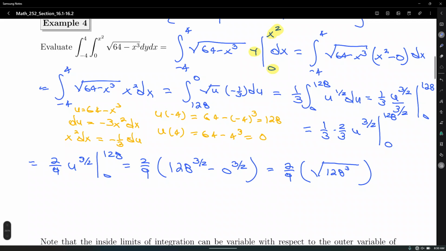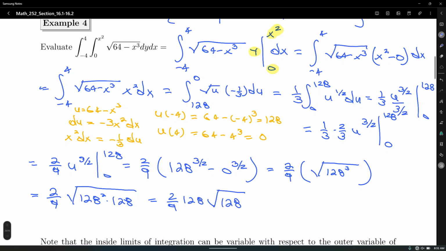Instead, write it as 128 squared times 128. Break it up so you come up with a perfect square. The square root of 128 squared is 128, so that's 2 over 9 times 128, and it's going to leave us with the square root of 128.